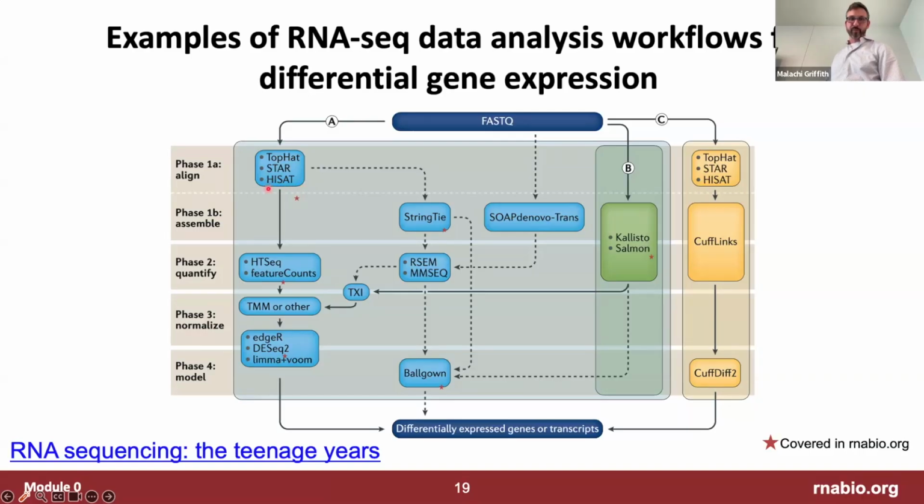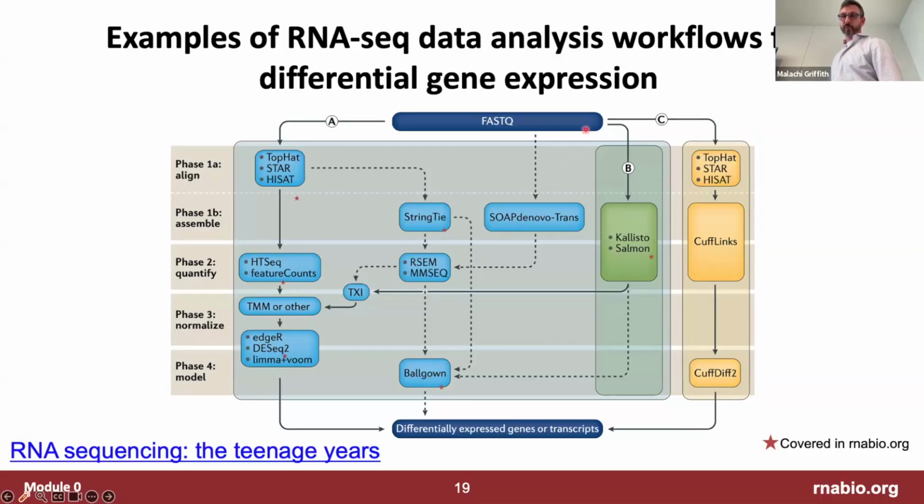HISAT and STAR have really become the two most popular aligners. They produce almost identical alignments. And then we're going to use HTSeq for counting our reads against known genes. Then we're going to use edgeR and DESeq for differential gene expression analysis, and then we'll feed that into the pathway analysis. We're also going to do a parallel analysis that uses StringTie and Ballgown, which, as opposed to basic count information, actually gives you transcript assemblies that you could use for isoform-specific expression analysis.